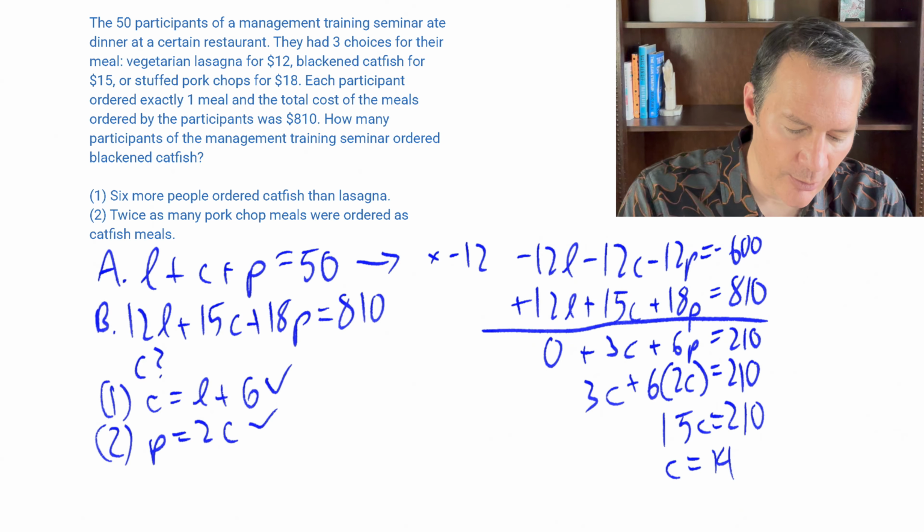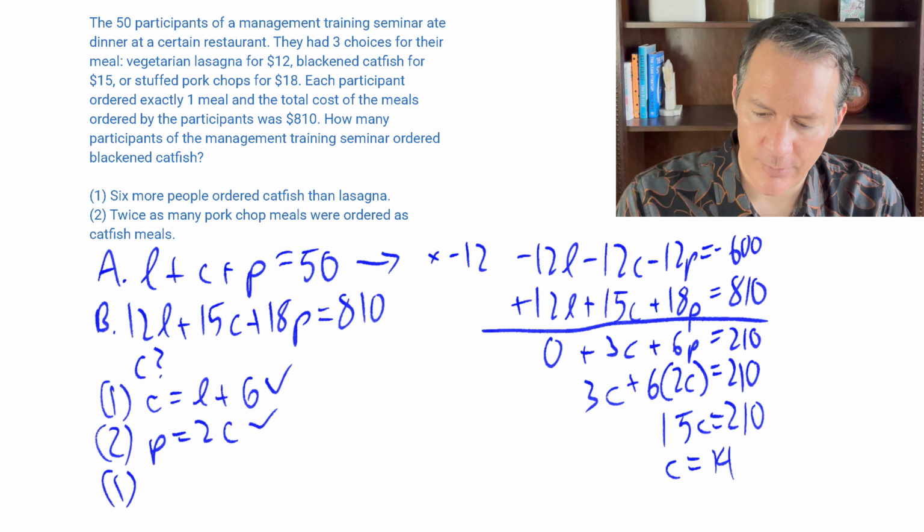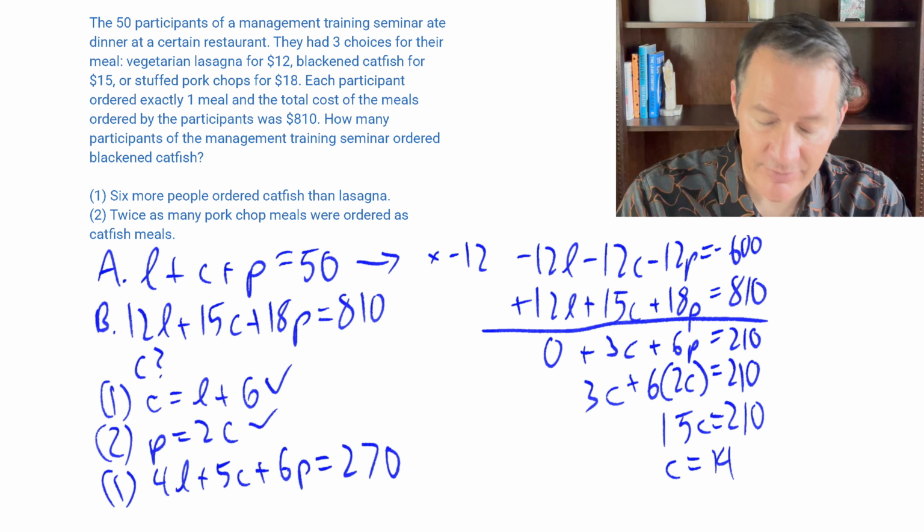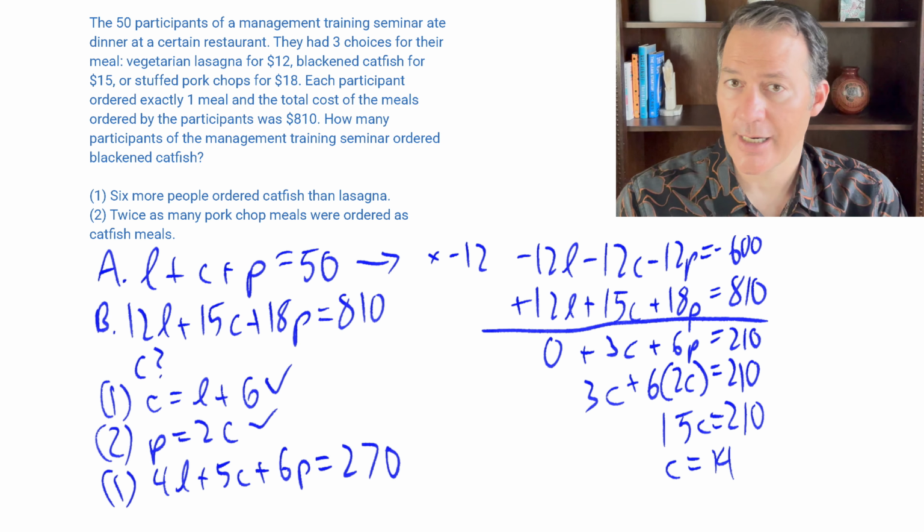Let's say, for example, the GMAT gave you a statement 1 that said there's a discount, and now the lasagna is only $4, the catfish is only $5, and the pork chops are only $6, and the total is now only $270. Looks like another equation.